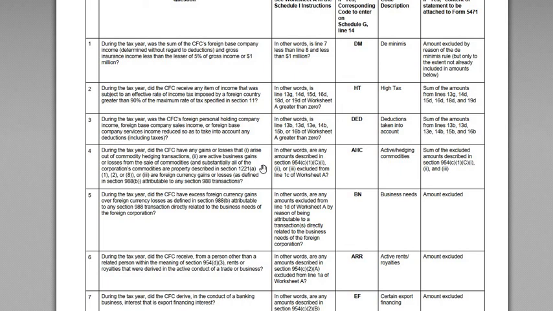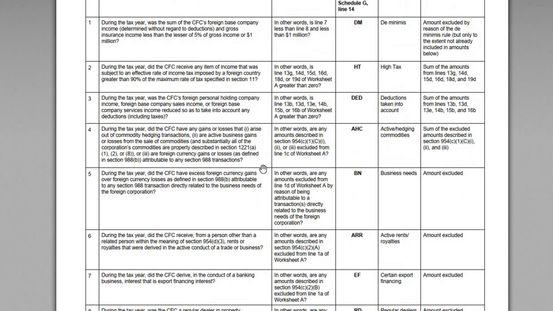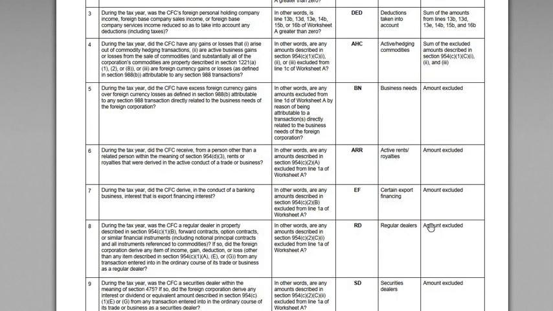And so you just go down the list, right? Ask and answer each question, follow the instructions, and then to the extent that you have any yes answers, then those codes are put up on line 14, and then you might have an exclusion down here.